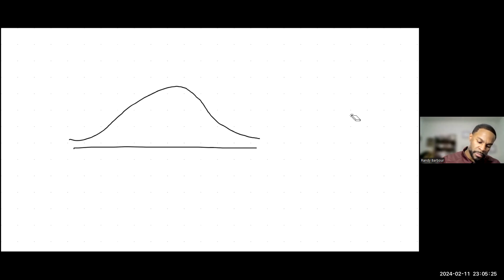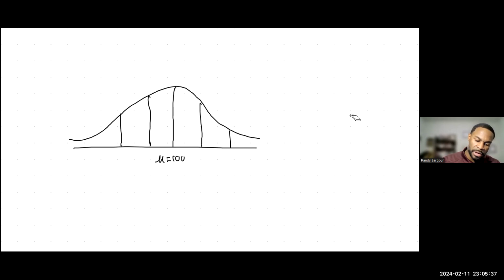All right, so here's our whiteboard. I'm going to draw this out again for us. This is my mean, a mean of 100. That's one standard deviation, two standard deviations. That's negative one standard deviation, two negative standard deviations.